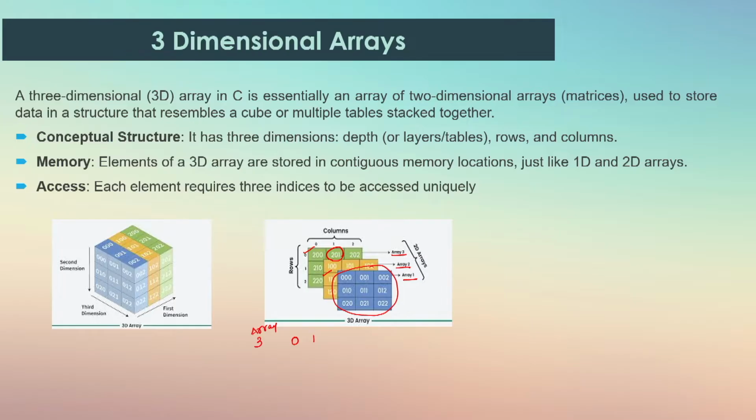So, in this case, if I want to create an array, how can it be done? I need to make it an int array with the number of layers as 3, number of rows again 3, and number of columns also 3. This is the way I can declare an array for this case.